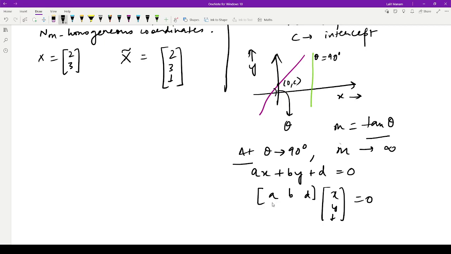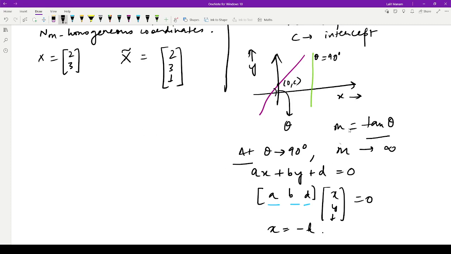So now what happens? If theta is 90, these a, b, and d have physical meanings, and it will make sure that you get something like x equals some constant, probably minus k.